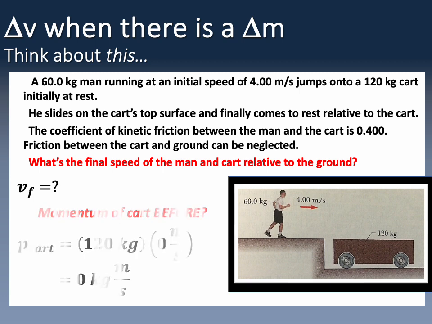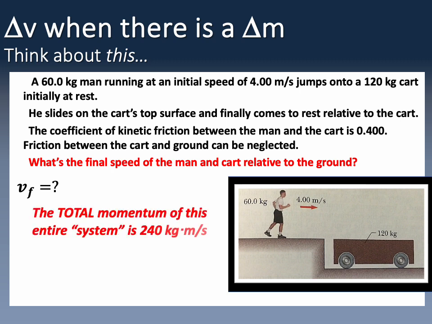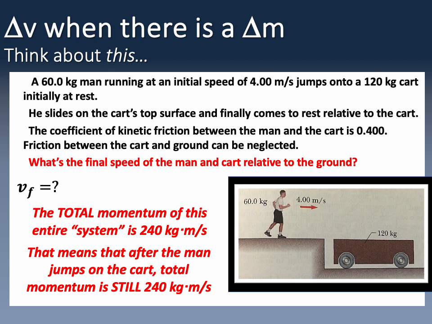So the only momentum in this system is from the initial movement of the human, that 240 kilogram meters per second. After the human jumps on the cart and it starts rolling, that's still how much momentum is available to make everything move.